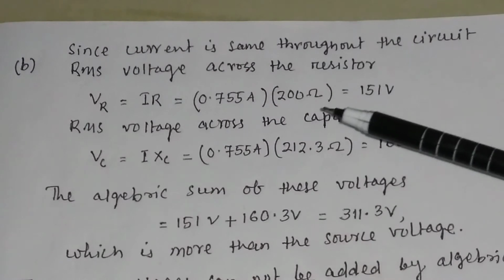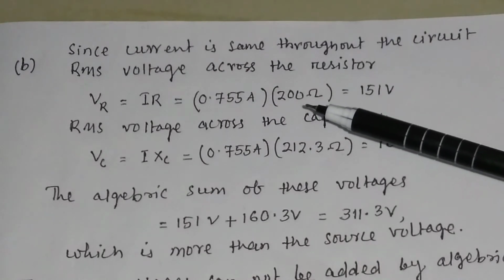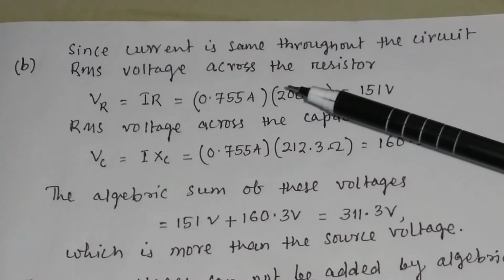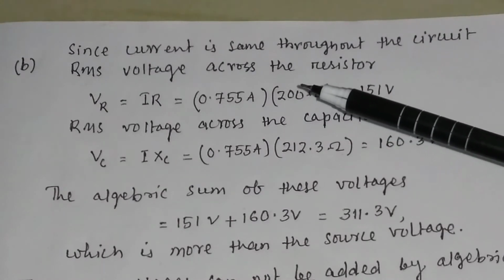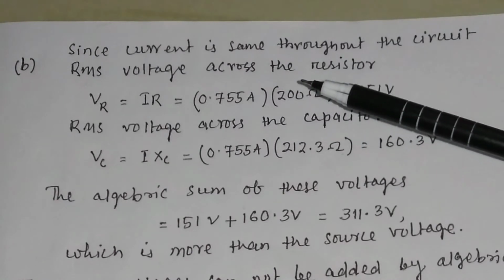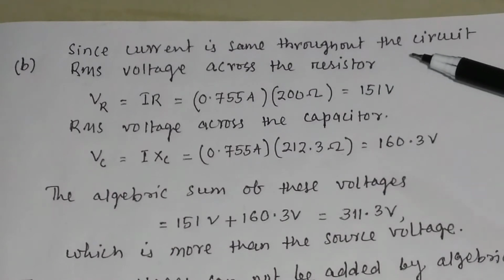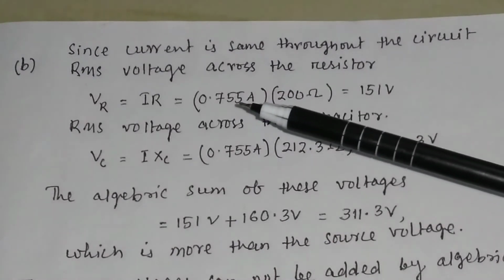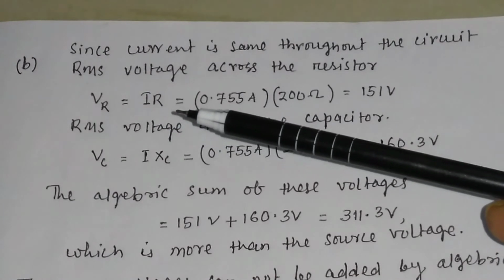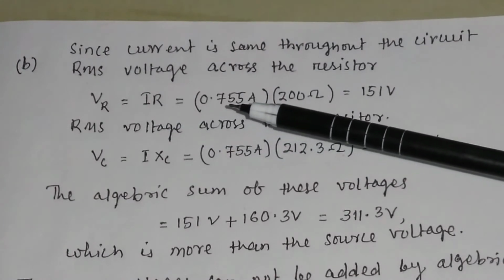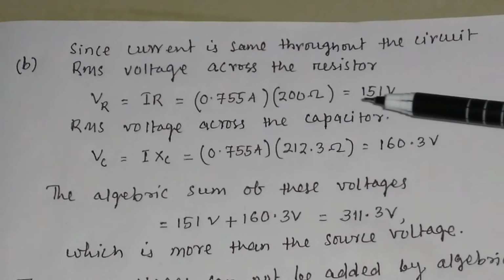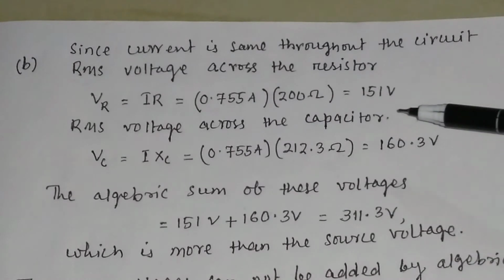And the next question is to calculate the RMS voltage across the resistor and capacitor. We have to calculate the RMS voltage across the resistor and the RMS voltage across the capacitor. Since the current is the same throughout the circuit, the RMS voltage across the resistor, VR, is equal to I into R, that is 0.755 ampere into 200 ohm, that is equal to 151 volt.